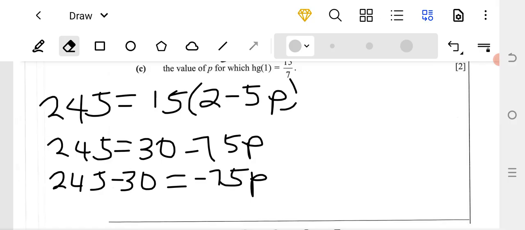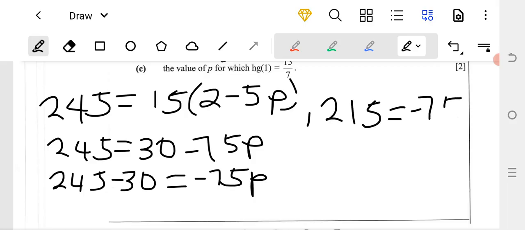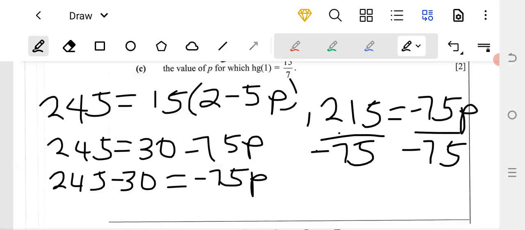So you are going to say 215 is equal to negative 75p. Divide by negative 75. 75 can go into itself 1. P is going to be equal to 215 divided by 75.